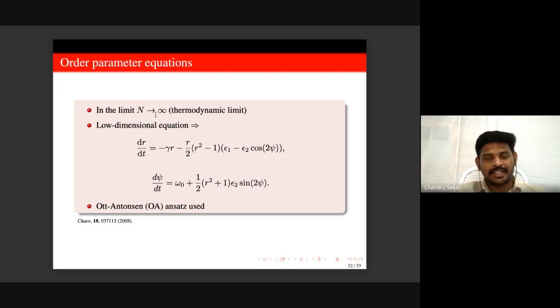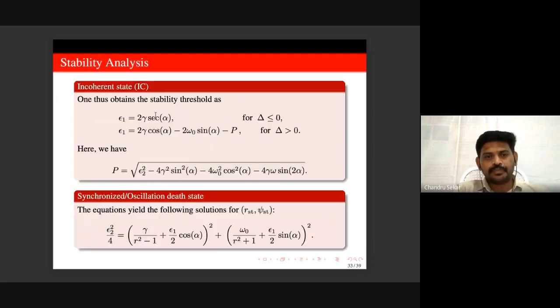Using the ansatz, we reduced the original model to a low dimensional equation, and from this we found the analytical stability curves for all three collective states, and we found that our analytical curves exactly match our numerical findings.